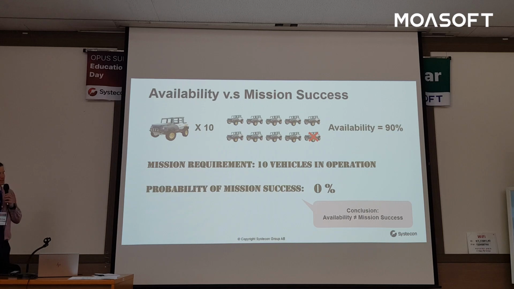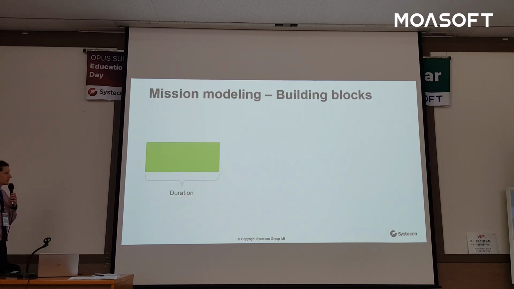So this is just a maybe stupid example, but it's just to give you the understanding that availability is not the same thing as mission success, which also calls for the importance of doing analysis of mission capabilities as well, and not just staring blind at the availability number.